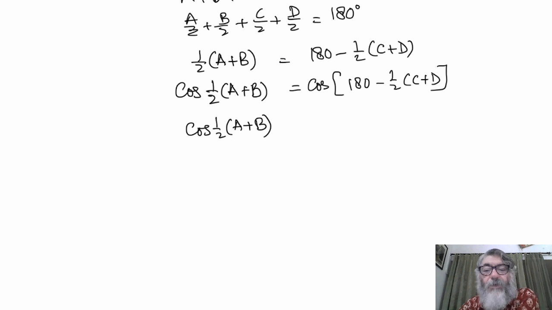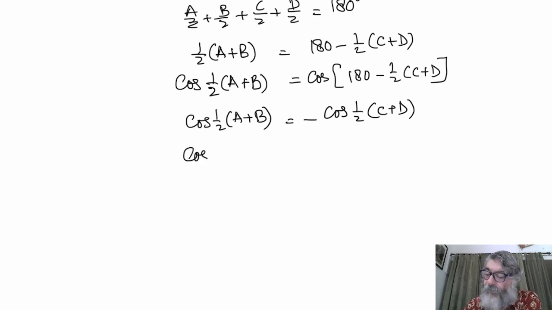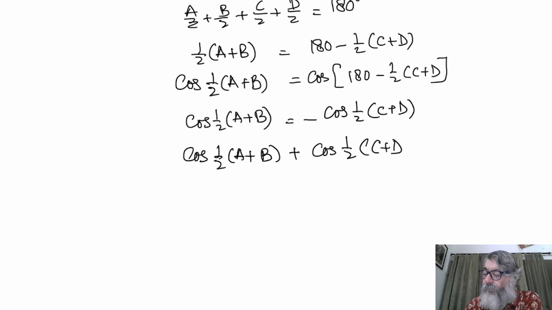And in the second quadrant only sine and cosec are positive, the rest are negative. So it will come out to be minus cos half of C plus D. And I'll shift minus cos half of C plus D to the left hand side. So what will I get? I'll get cos half of A plus B plus cos half of C plus D is equal to 0.